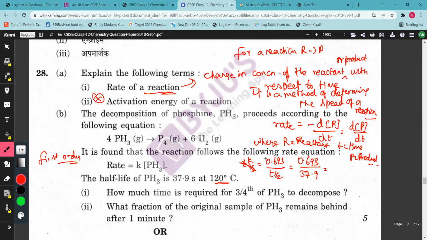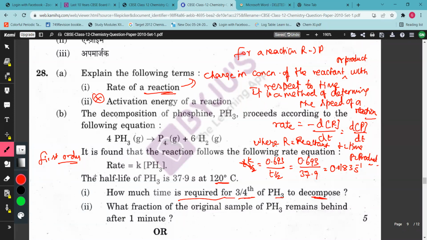So when you divide, what will you get? 0.0183 per second.